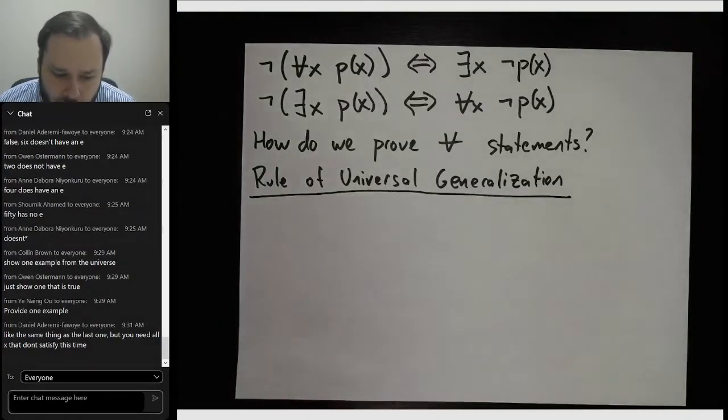The Rule of Universal Generalization says, if you pick something out of your universe, and the only properties you use when proving something about it is that it happened to belong to that universe, then you've actually proved something about every member of that universe.